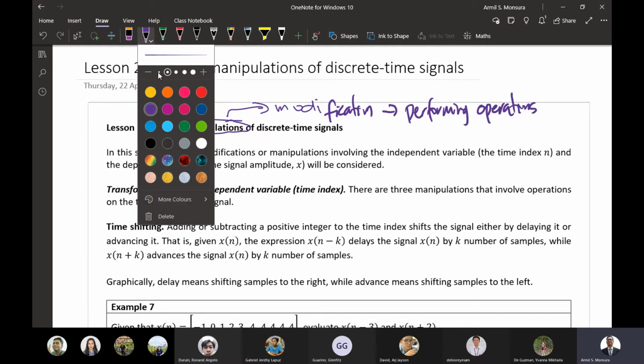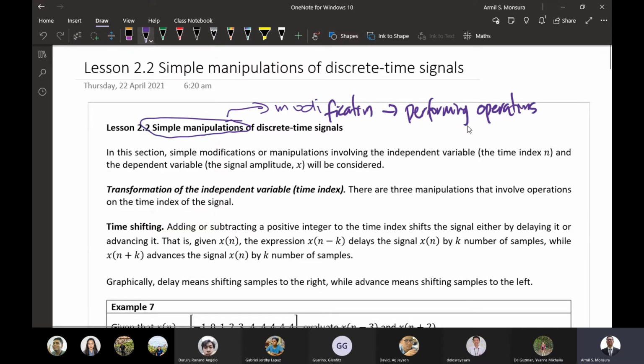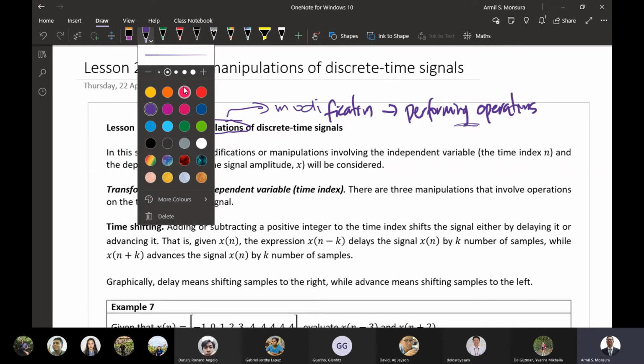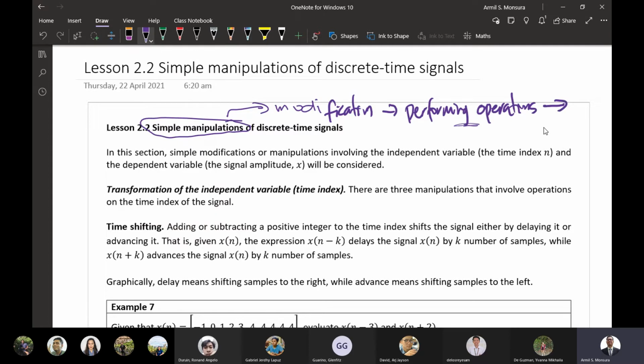Ibig sabihin, para magawa niyo yung manipulation or yung modification na gusto niyo sa isang signal, you have to perform operations on that signal. And when you are performing operations on the signal, yan na yung tinatawag na processing.